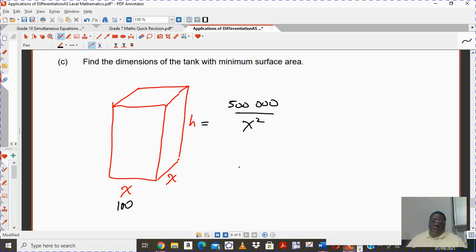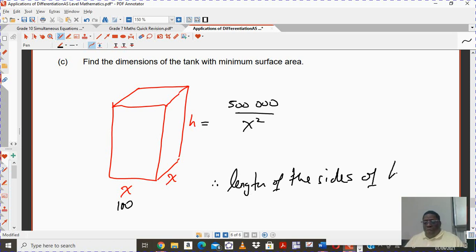Now we know, therefore, the length of the sides of the base is 100 centimeters, so that checks out.